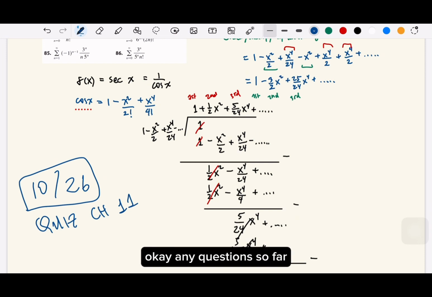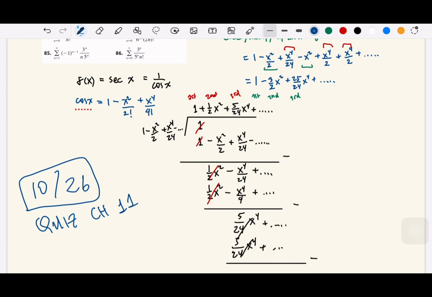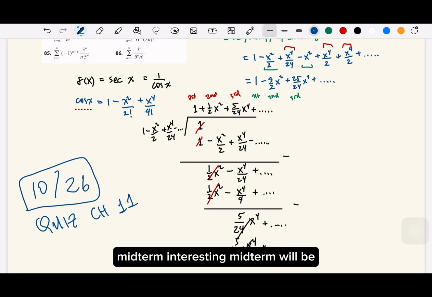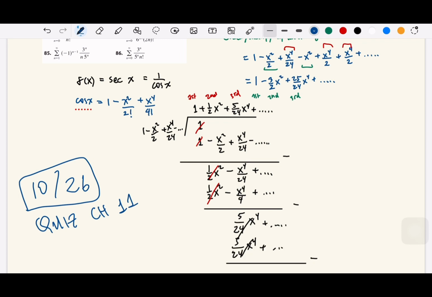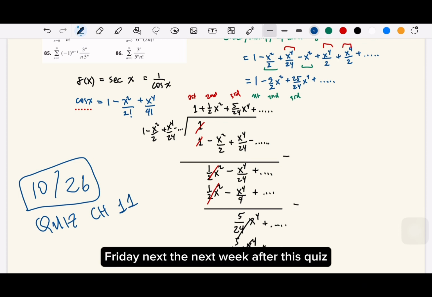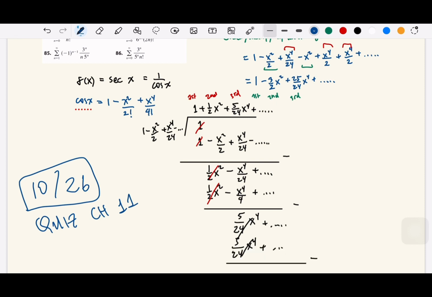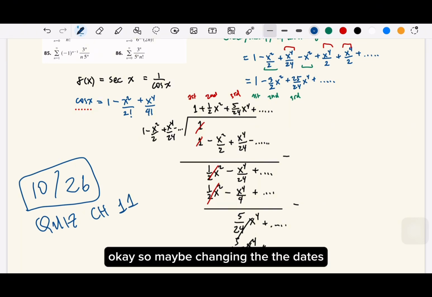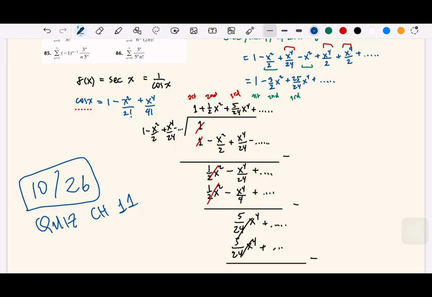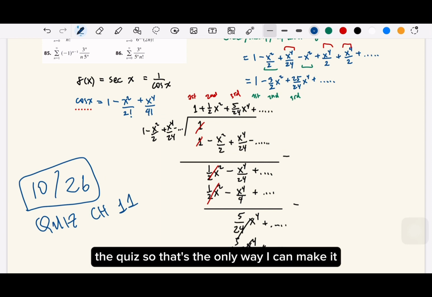Okay, any questions so far? How about the midterm? The midterm will be on the Friday of next week, after this quiz. So November 3rd. Okay, November 3rd. I'm not here, so maybe we change the dates. So maybe this week the quiz. That's the only way I can make it.